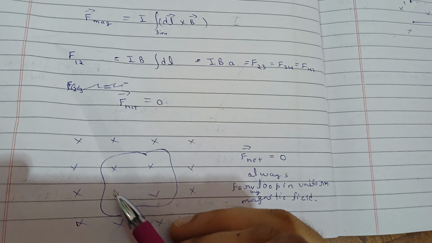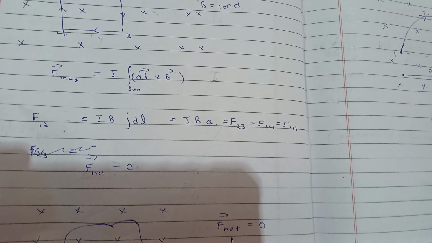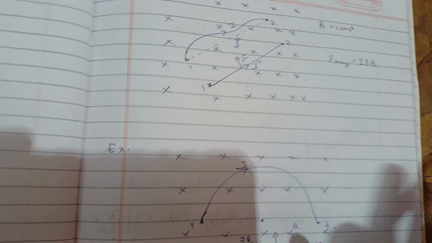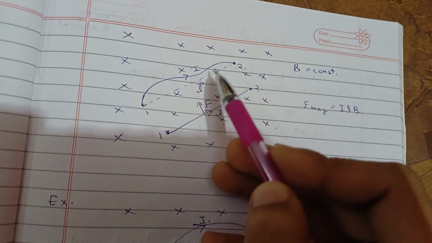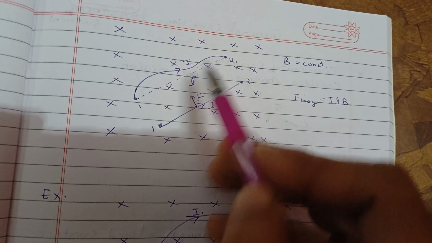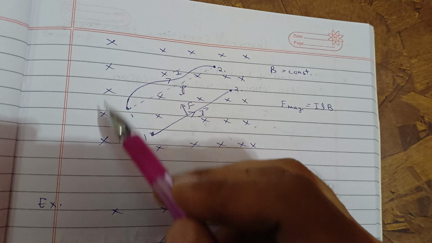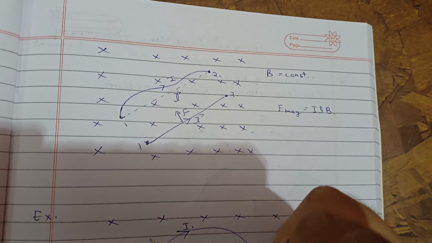Now let's say this is not a loop, it is an open wire, or it can be anything. So let's say we have this open wire carrying the current I. This is position 1, this is position 2, and we need to find the force on this wire due to this uniform magnetic field. So how can you find it?